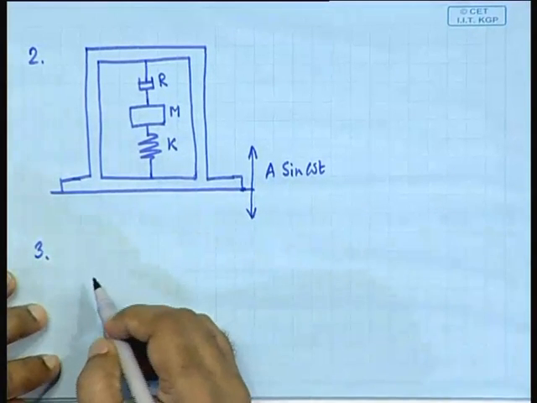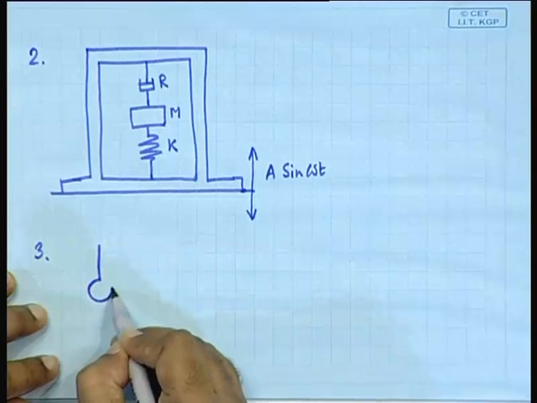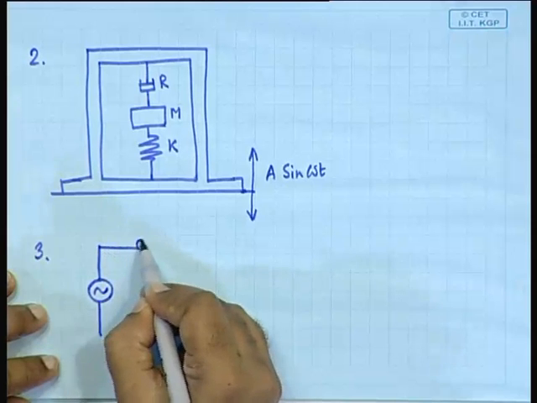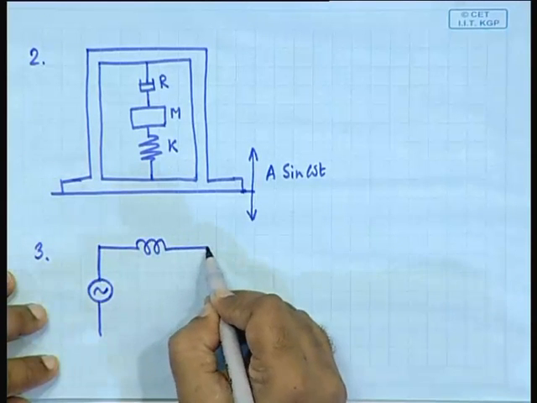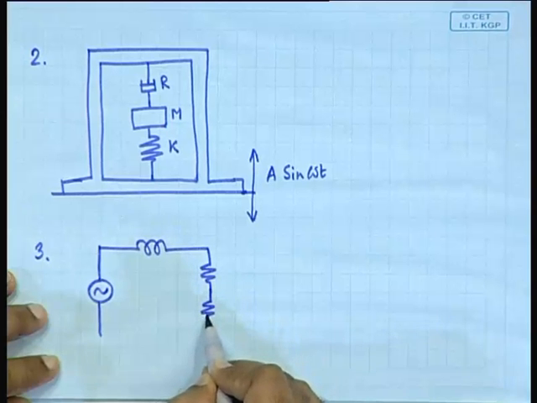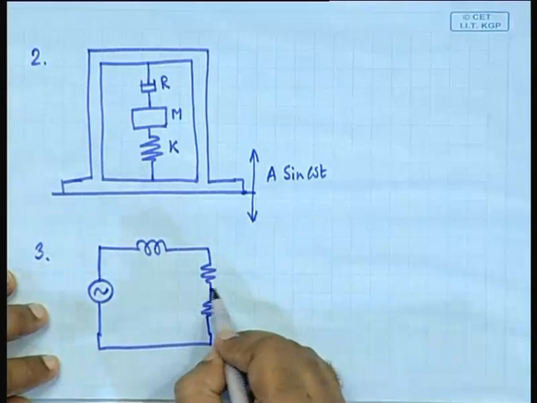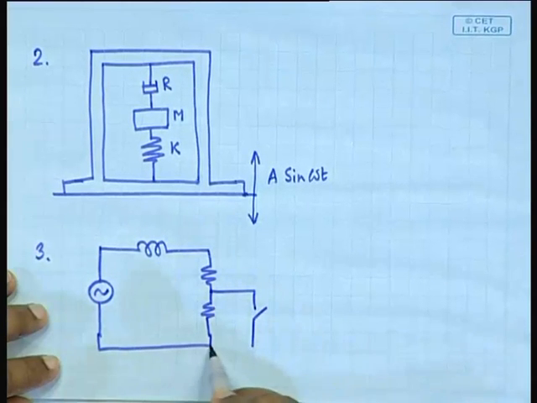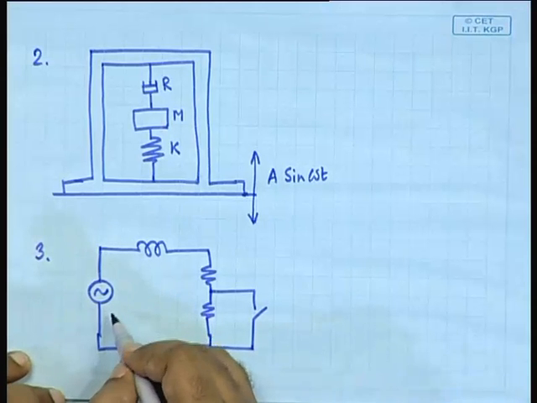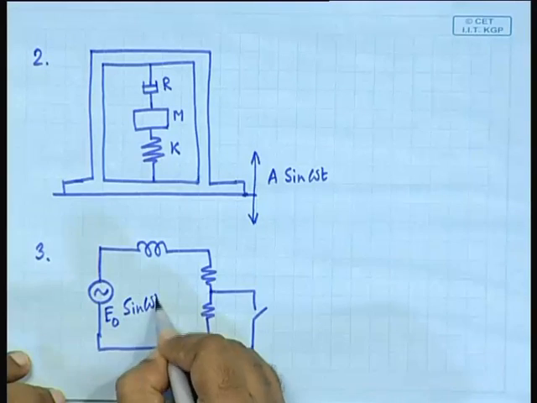So, the third problem is you have got an electrical circuit with an applied voltage which is sinusoidal. Here is the inductor, and here is a resistor, and here is another resistor. But there is a switch here. This is E naught sin omega t.